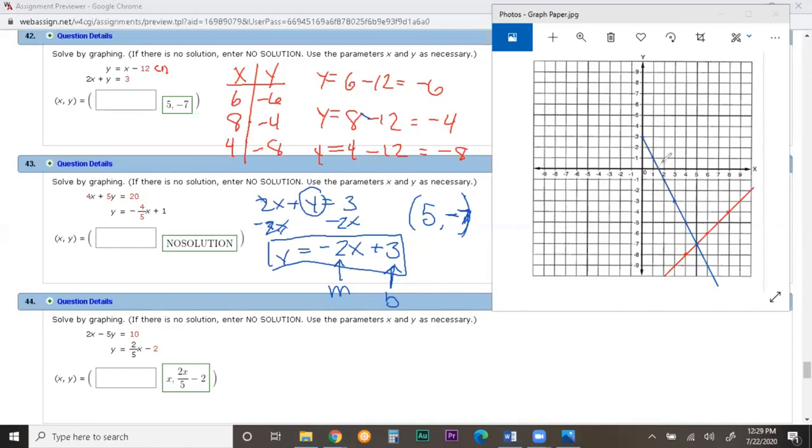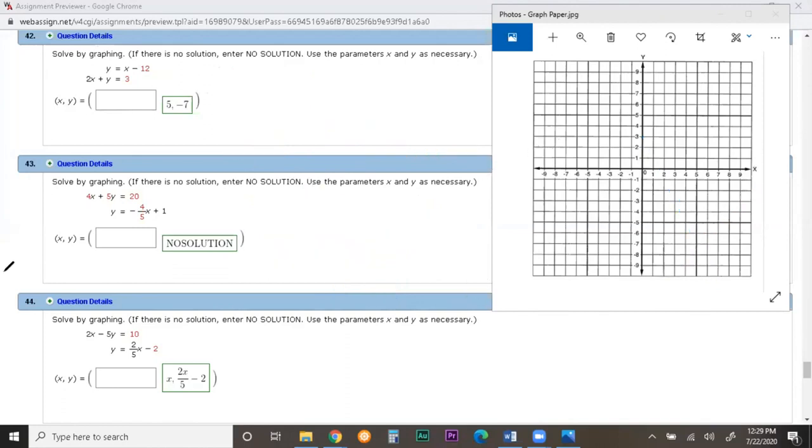As you can see here, looking at the graph, it passes through the x-axis at 3/2. So it's kind of difficult to graph with those fractions. That's why for that one, it was easier to put it into slope-intercept form. So for 43, the first equation, it'll be easier if we do the x and y intercept.